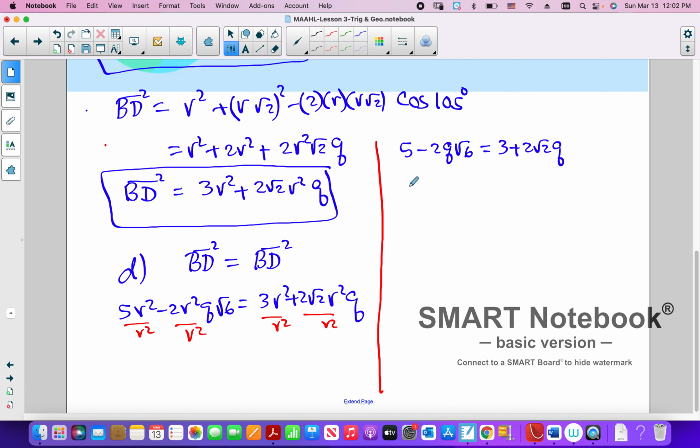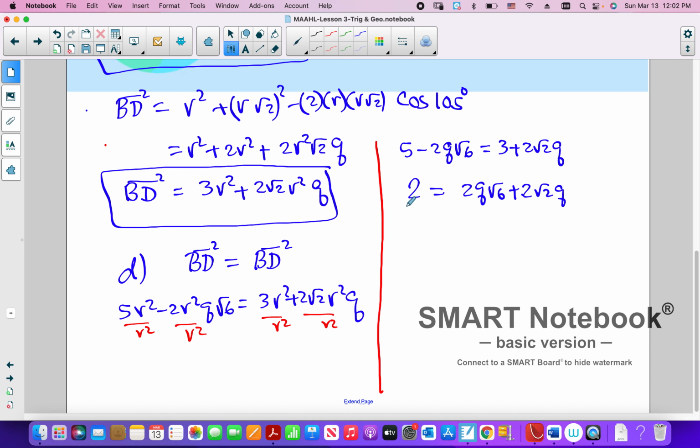5 minus 3, that will give me 2. And move this, it becomes plus 2 cube root 6, 2 cube root 6 plus 2 root 2 cube. Before taking the cube as common factor, I can even simplify further.